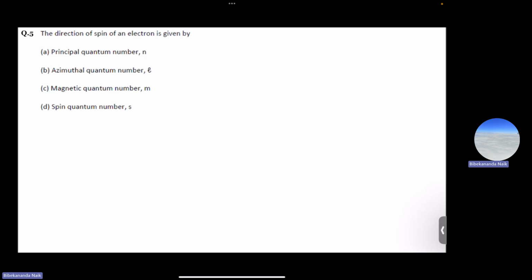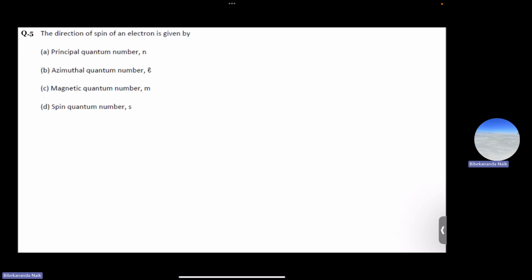The electron is revolving around the nucleus in a certain orbit, so corresponding to that particular orbit there is an orbital quantum number. And when the atom is placed in an external magnetic field, due to the motion of the electron there is a magnetic dipole moment, and since the moving electron acts as a magnetic dipole, it will also experience a force in the presence of a magnetic field.